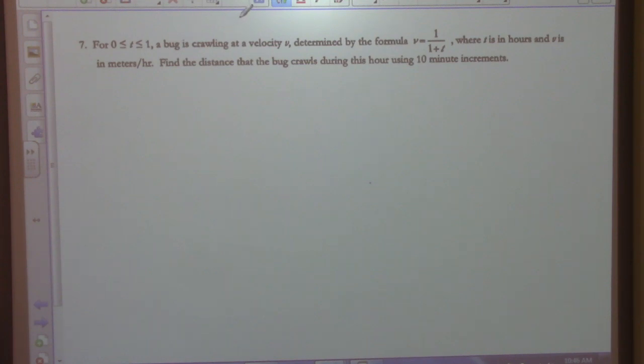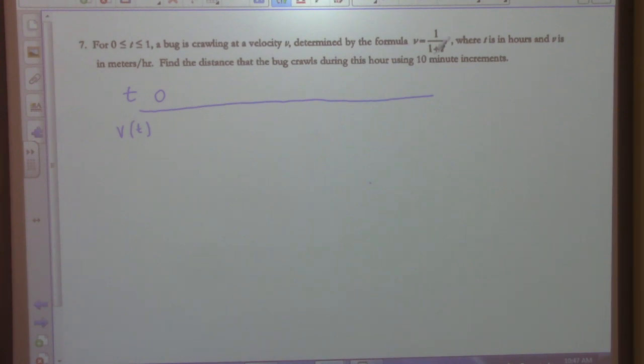So what you have for your increments is 1/6 of an hour, right? Yeah, 1/6 of an hour. So let's do this. We'll have T here, and we'll have V of T right here. And we're going to start out at time equals 0.